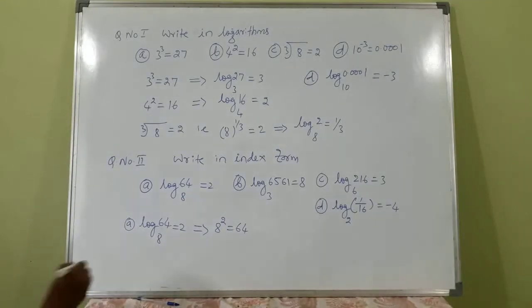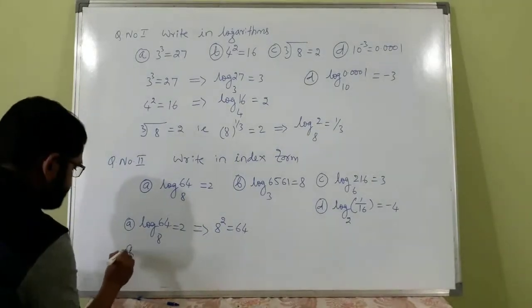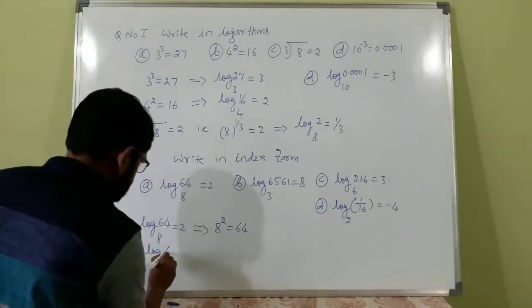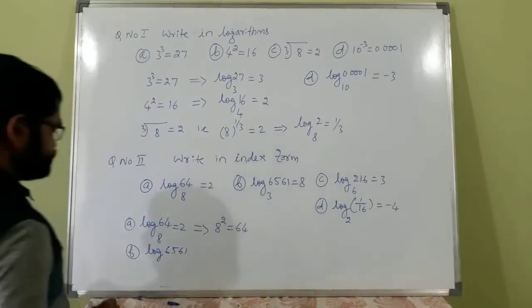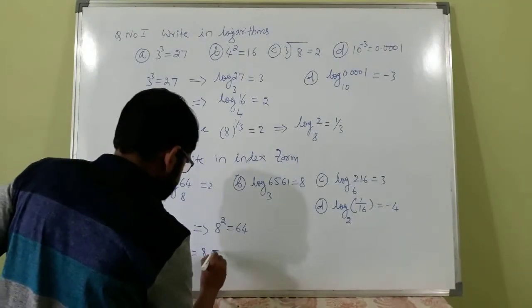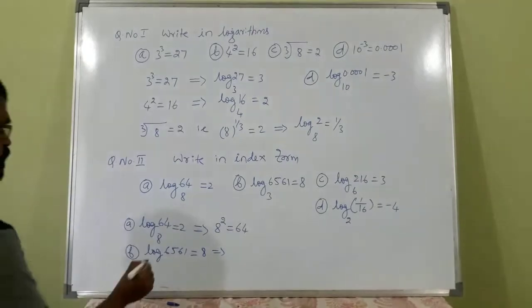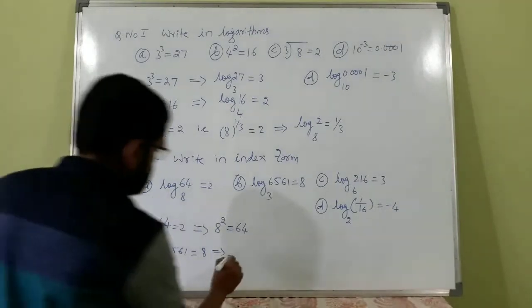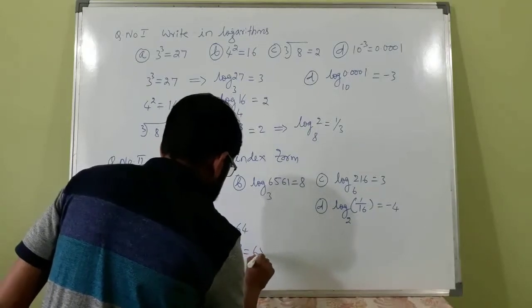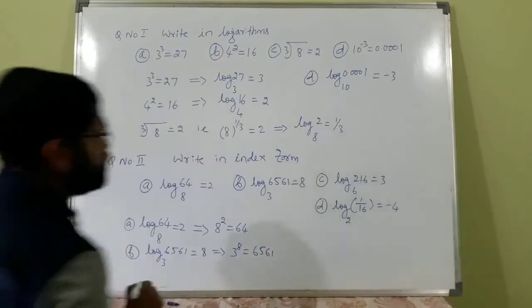Similarly, B, log of 6561 to the base 3 is equal to 8 implies 3 to the power 8 is equal to 6561.